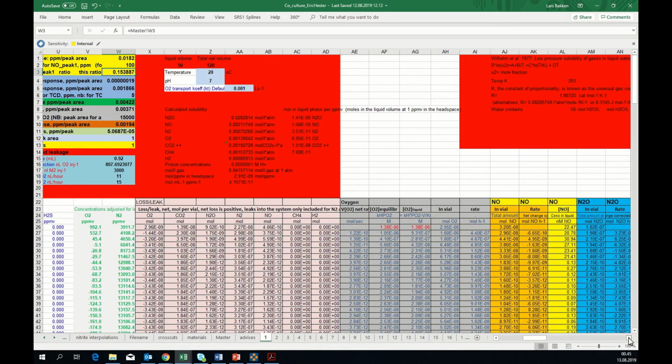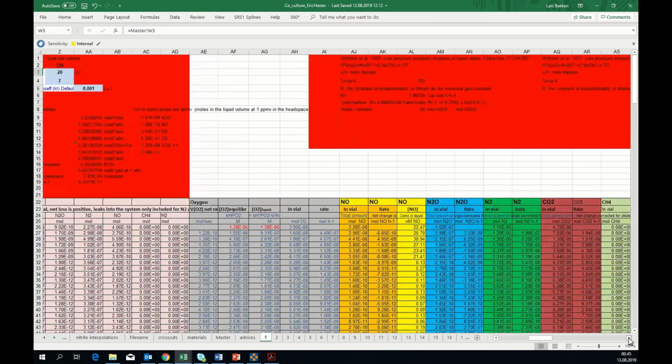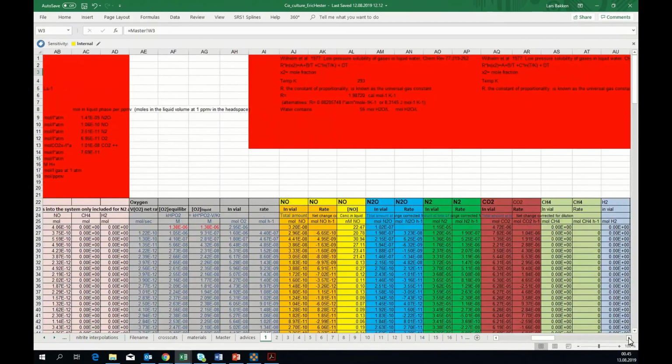So for each of the gases, which are colored differently, we have two essential columns, which we will talk about today. That is what we have in the vial: moles of oxygen in the entire vial, including the liquid, moles of NO in the entire vial, etc. The second column that I will talk about now is the rate.